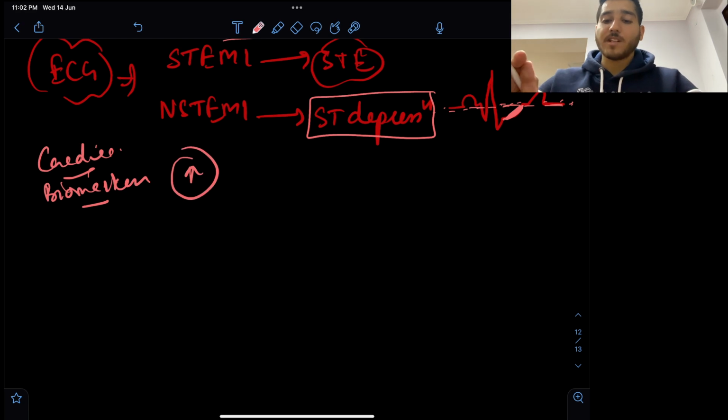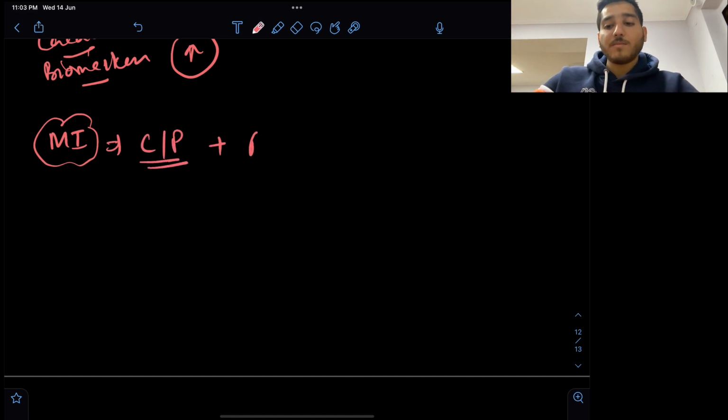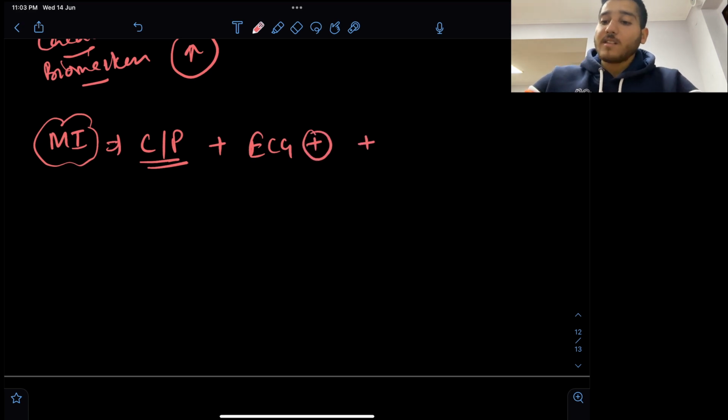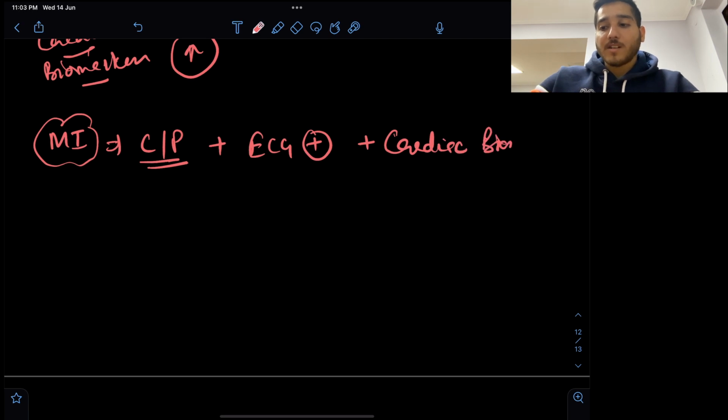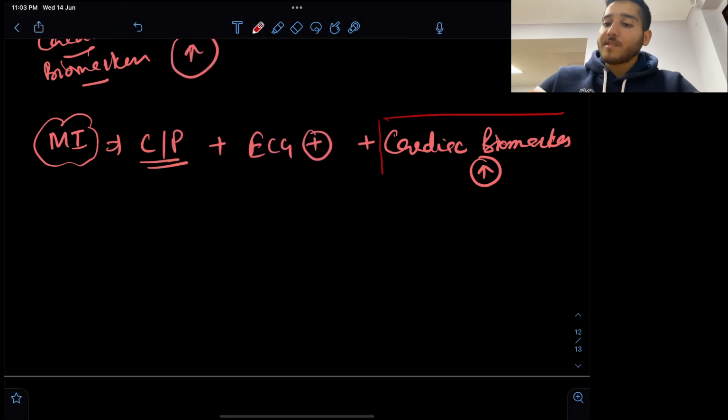We call it non-STEMI. So for diagnosis of MI, there should be clinical presentation, ECG positive, plus cardiac biomarkers increased. This is very important: increased cardiac biomarkers will tell you that this is definitely MI.